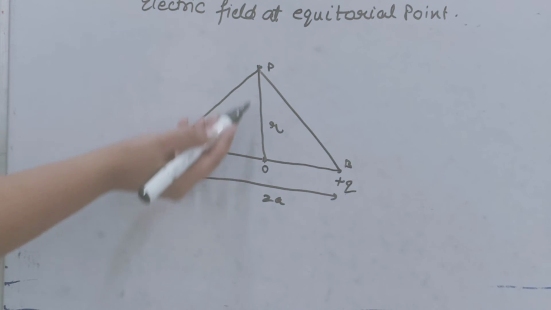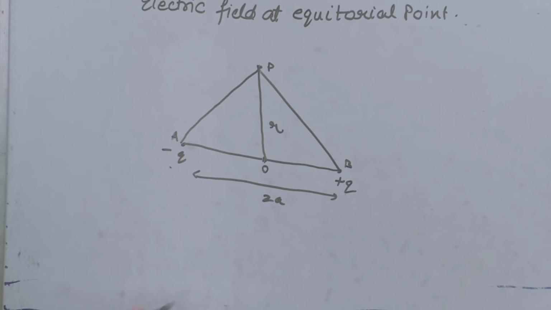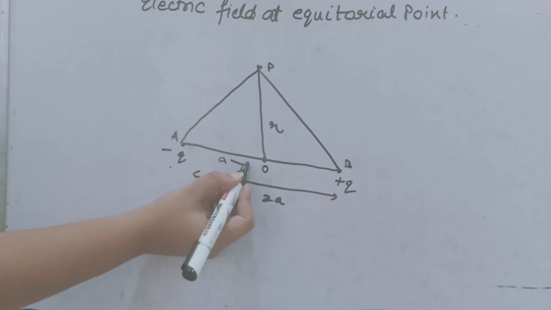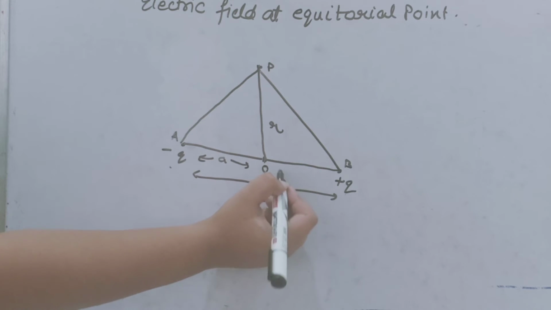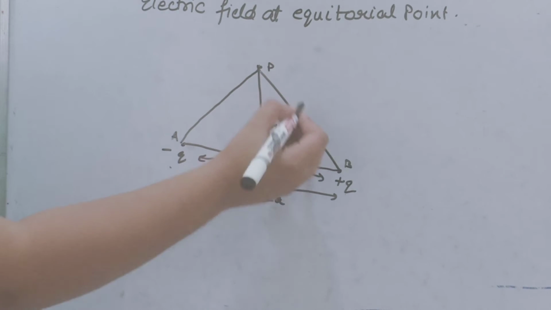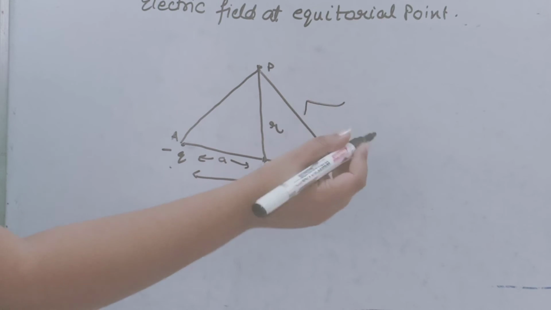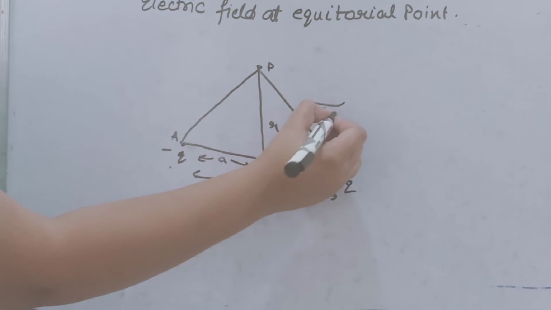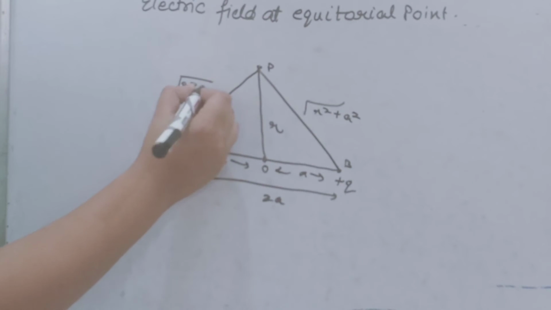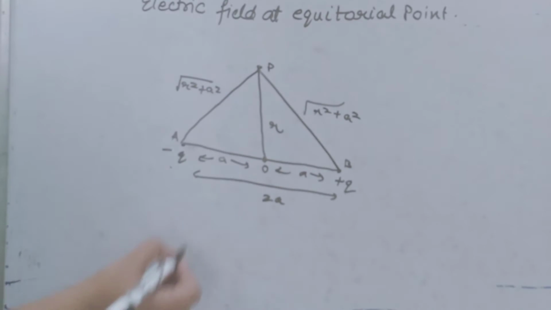Now let OP be equal to R, and since O is the midpoint, then AO will be equal to A, and similarly OB will also be equal to A. Fine. Next, using the Pythagoras theorem, this distance will be equal to square root of R square plus A square. Similarly, this distance will be equal to square root of R square plus A square, and let this angle be theta.